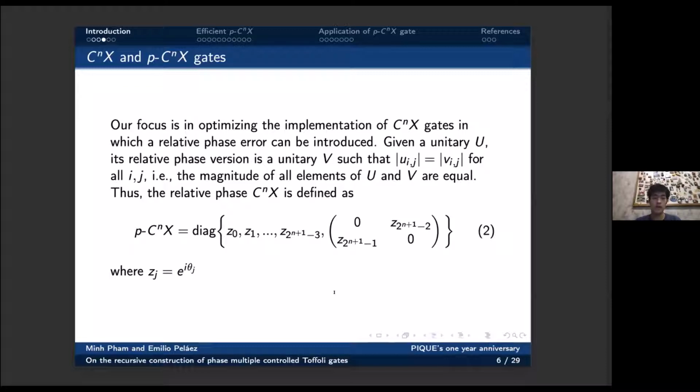And we define this as Z0, Z1 up to Z_(2^(n+1)-3) on the diagonal entries. And for the last two elements, we have, again, relative phases, but in the anti-diagonal entries, right? And again, Zj is e^(i theta_j), where theta_j can be different for each column of the matrix.